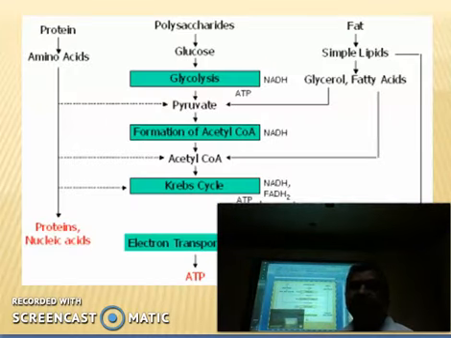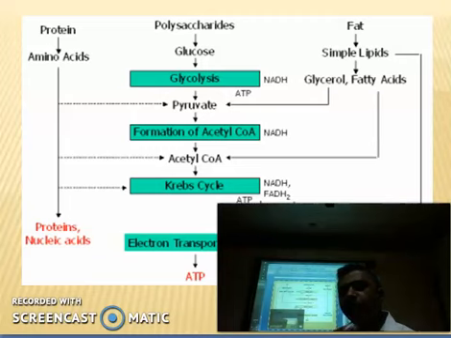Now I will give you an example of catabolism and anabolism that has already been taught to you, or many times I have given in these three lectures. Protein is converted into amino acids, polysaccharide is converted into glucose, then lysis and degradation into glycolysis, converting to pyruvate, and this pyruvate enters into the TCA cycle as acetyl CoA.